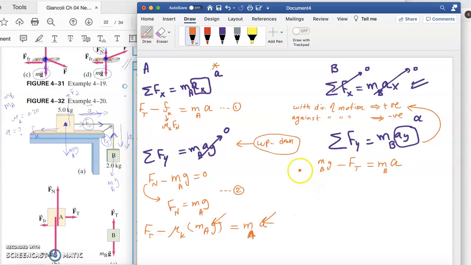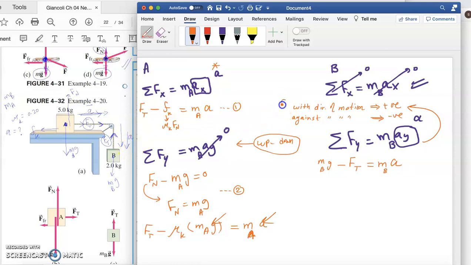Or if you want to go with whatever is up is positive, you will say Ft minus mbg is equal to minus ma. That will work. I hope I didn't confuse you.